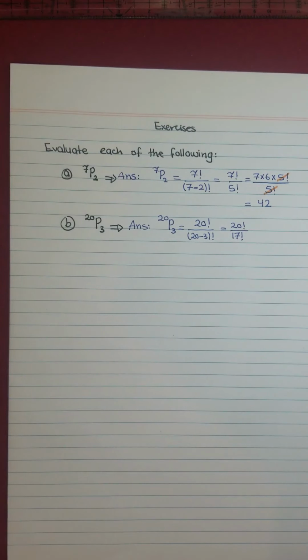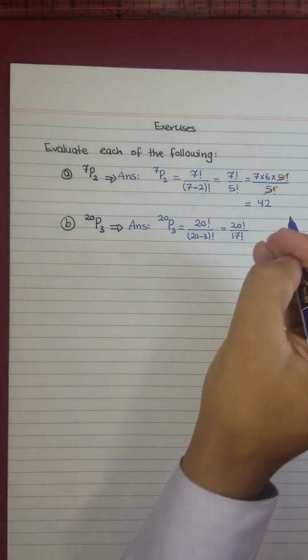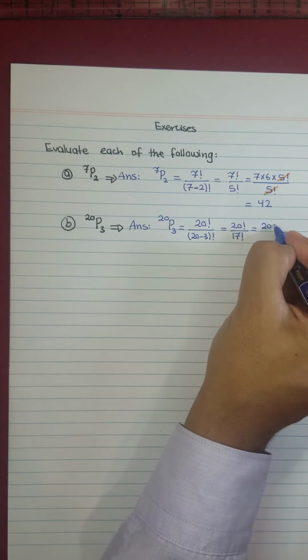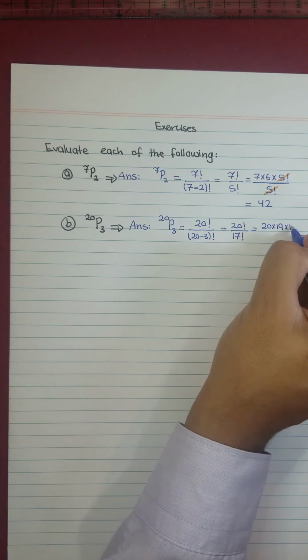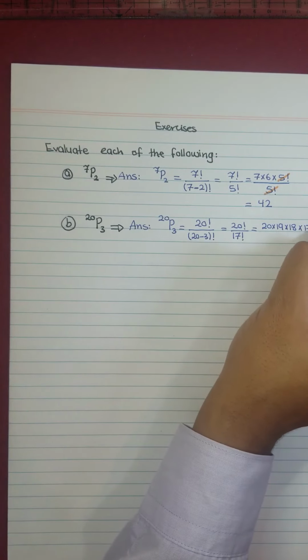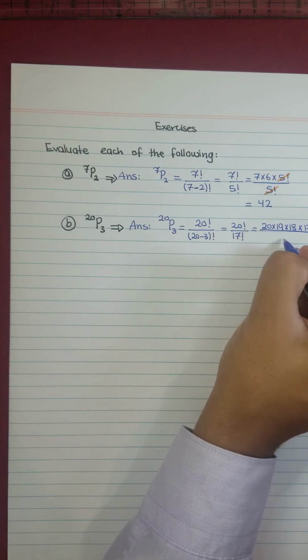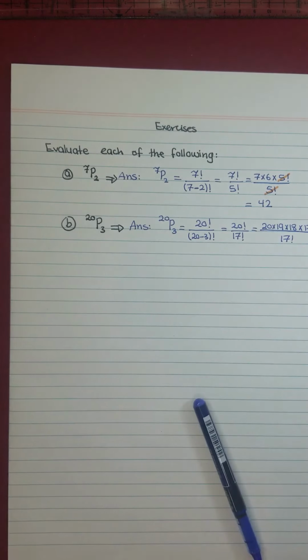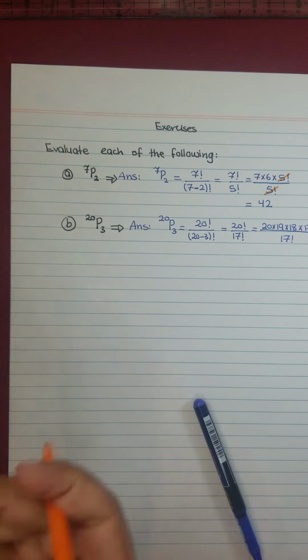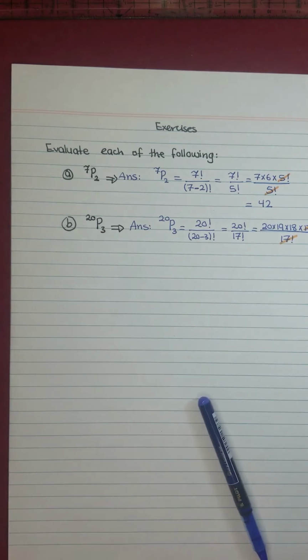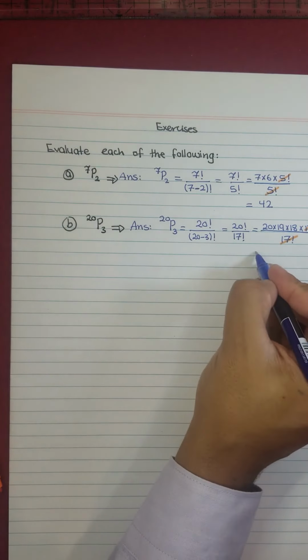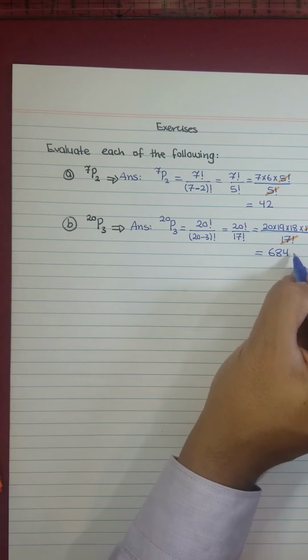Now we can say that 20 factorial is equal to 20 times 19 times 18 times 17 factorial, divided by 17 factorial. Now we can cross out 17 factorial from both the numerator and the denominator. So we end up with 20 times 19 times 18, and the answer to that is going to be 6,840.